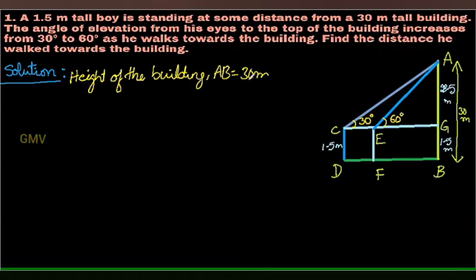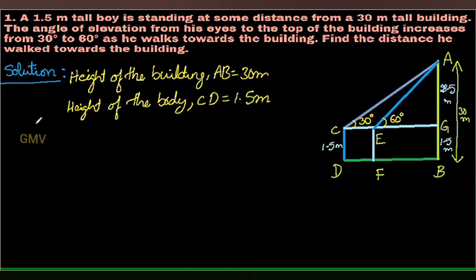So AG is equal to AB minus GB, that is 30 minus 1.5 is equal to 28.5 meter.